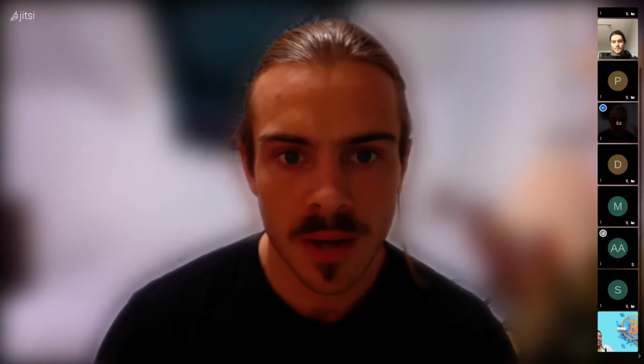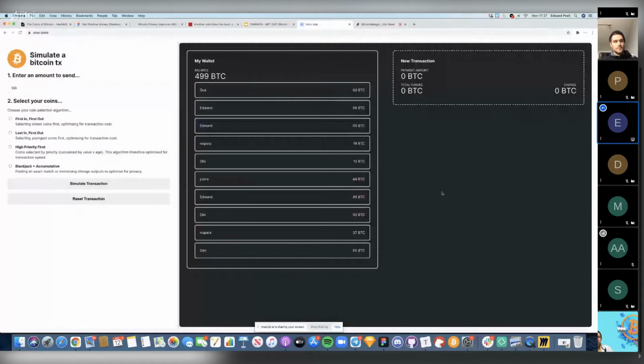With this coin selection stuff, Johns and I started working on a tool, a website, utxo.tools, to put UTXO management and coin selection into a simulated environment, allowing users to simulate these transactions without the literal cost of screwing up a fee rate or selecting the wrong coins and losing privacy and things like that.